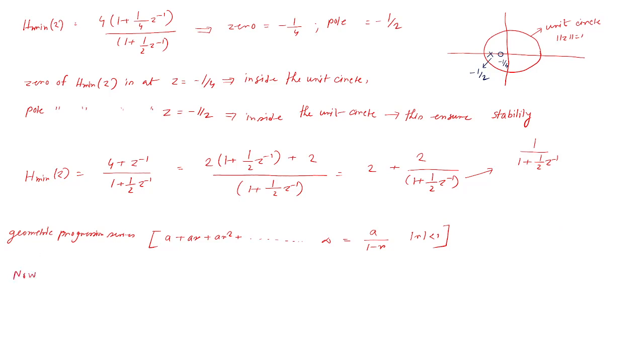Now consider a to be 1 and r to be minus half of z inverse. What series are you going to get?